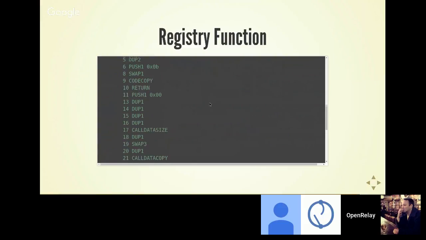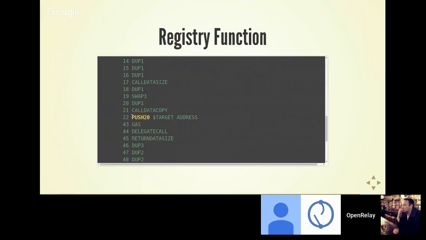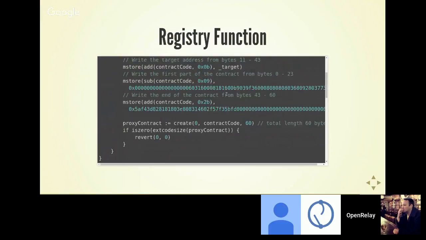The net result of this, so you can see down here that at line 22, we have a push 20 bytes opcode that will then immediately be followed by the target address that was encoded in up here when we generated the code. So essentially, the target address for the proxy is going to be hard-coded into the bytecode that we're deploying for the contract.